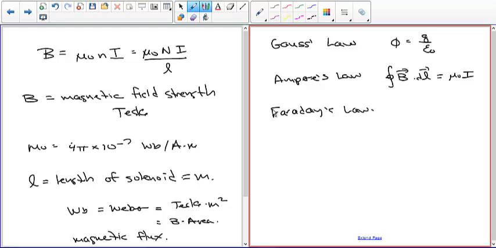Was there any way that you could make charges move, specifically in a wire, by doing something with the magnetic field? So he came up with this experiment, which turned out not to work, but it led to something that did work.